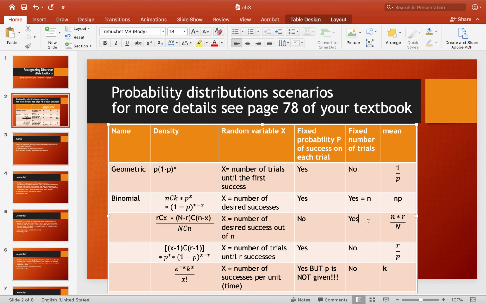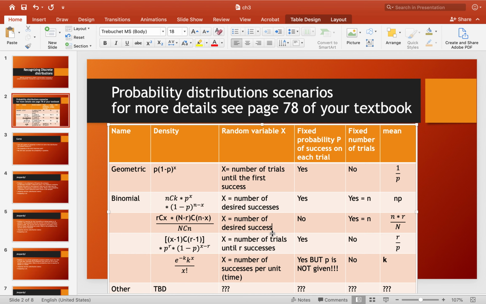So here we do have a fixed number of trials, that is n again. And I'm going to leave off the out of n because that's commonly left off. So here, this is the hypergeometric. And there is a fixed number of trials.